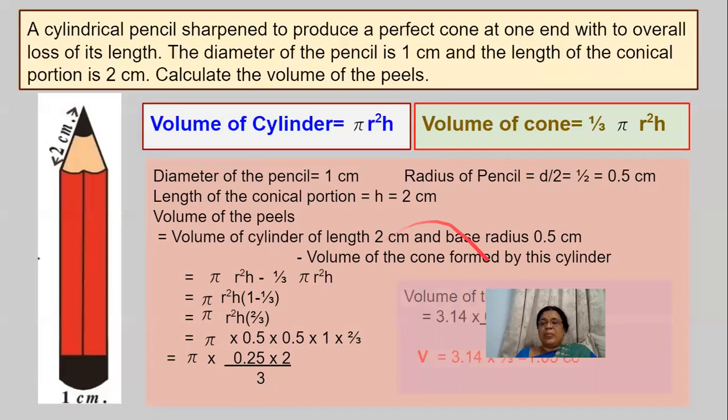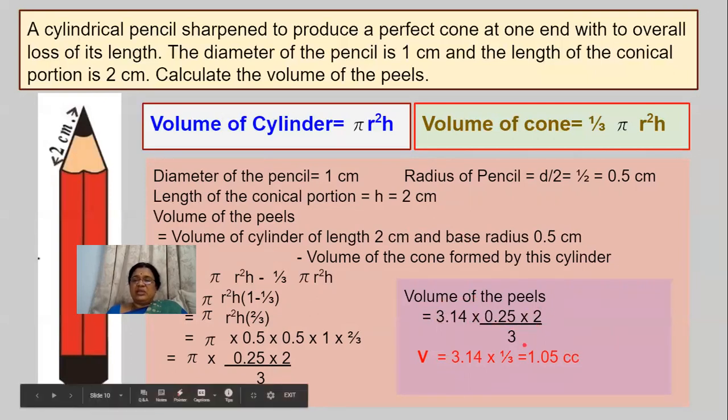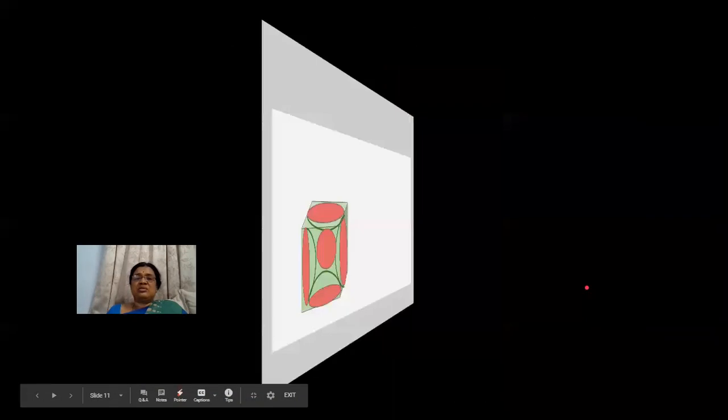And next one, see here the volume of the peels: I have taken the pi value as 3.14 into 0.25 into 2 by 3. When you multiply and solve this, you will get the volume of the peels as 1.05 cc, that is cubic centimeters.